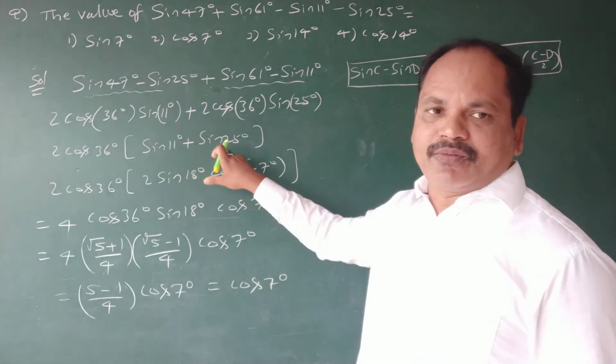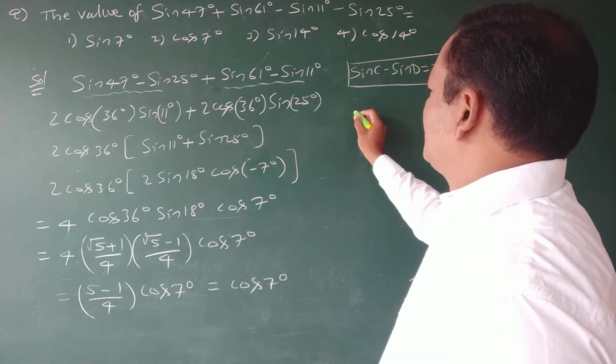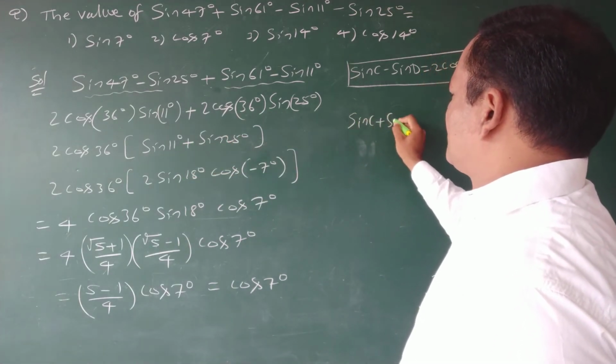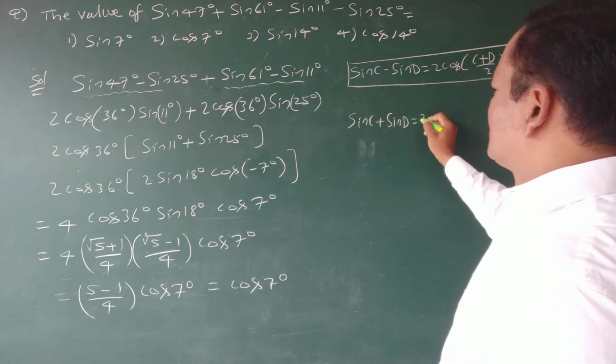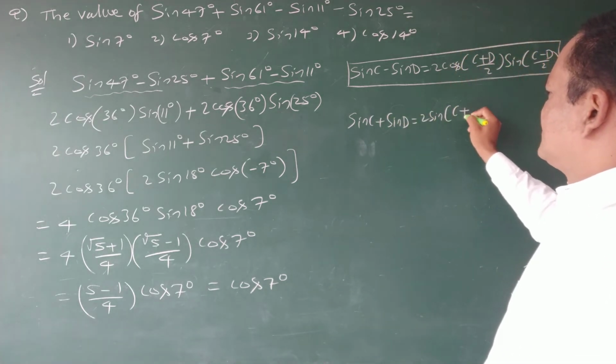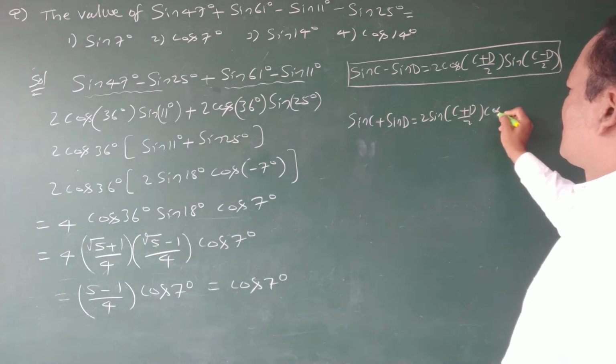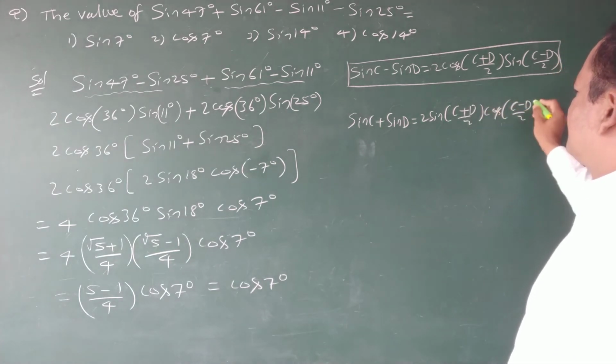Again, this is in the form of sin C plus sin D, where sin C plus sin D is equal to 2 sin (C plus D) by 2 cos (C minus D) by 2.